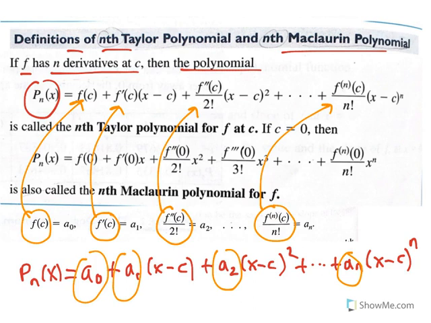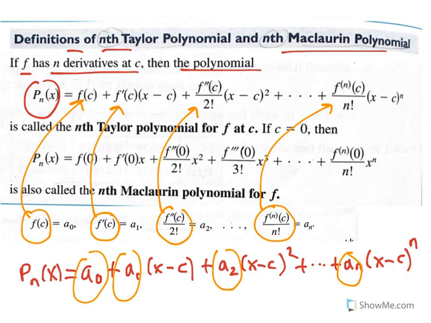You have to go back to the example that we began the lesson with. F of x is equal to e to the x. And that idea is extended to the general case where we're trying to come up with an nth degree polynomial approximation for some function f centered at x is equal to c.